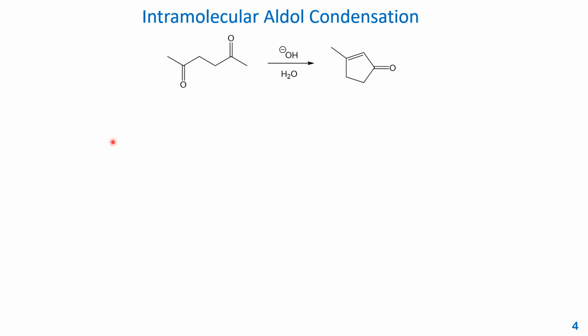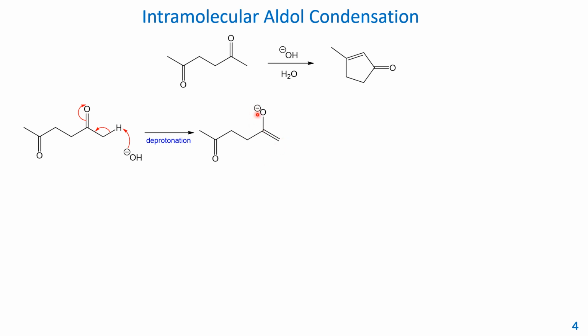Okay, so the arrow pushing mechanism, first step, we have this diketone, and the alpha proton will be deprotonated by the hydroxide. This alpha proton will be deprotonated to form enolate. That's enolate. And this enolate will have an intramolecular reaction.